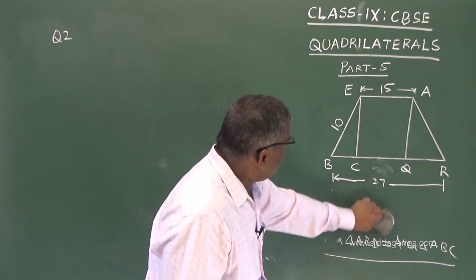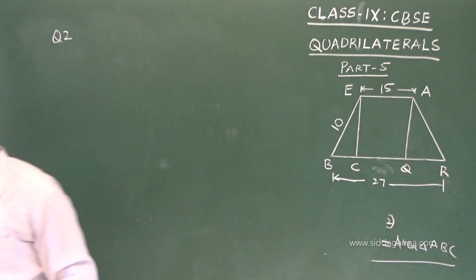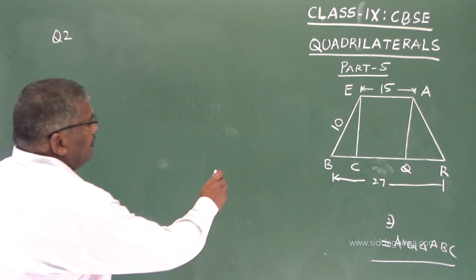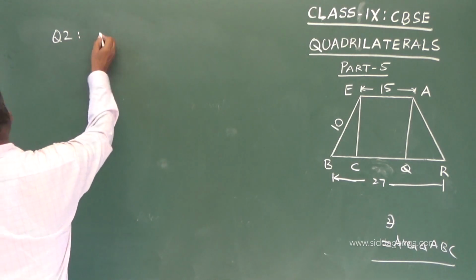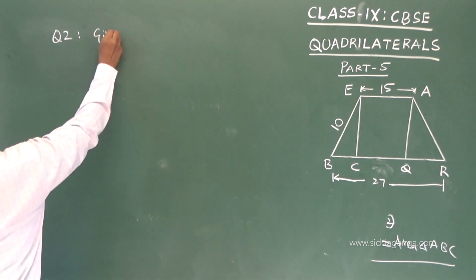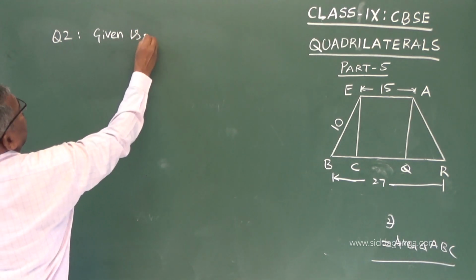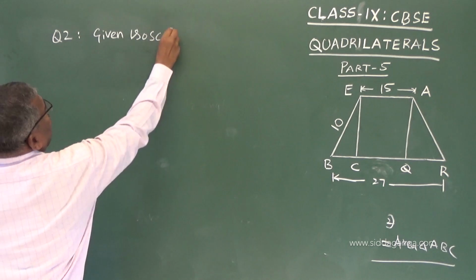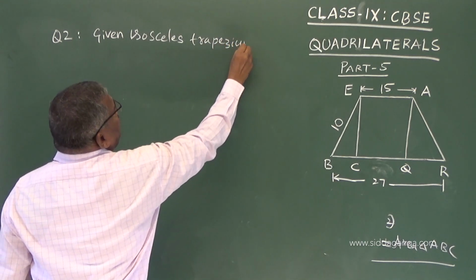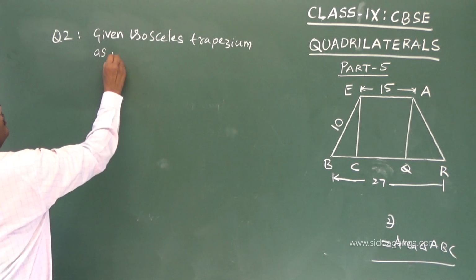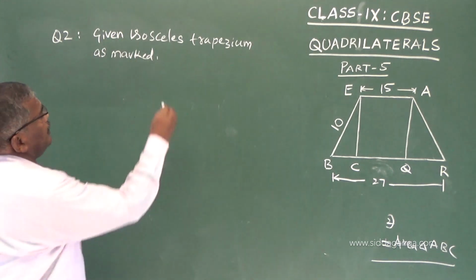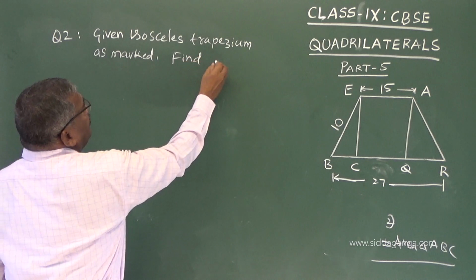Now, the question is: given an isosceles trapezium as marked, find AQ.